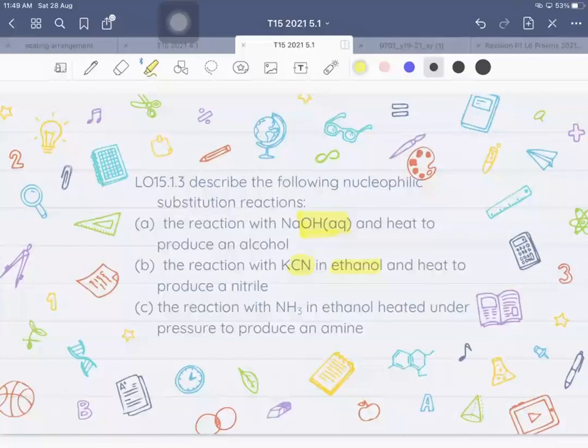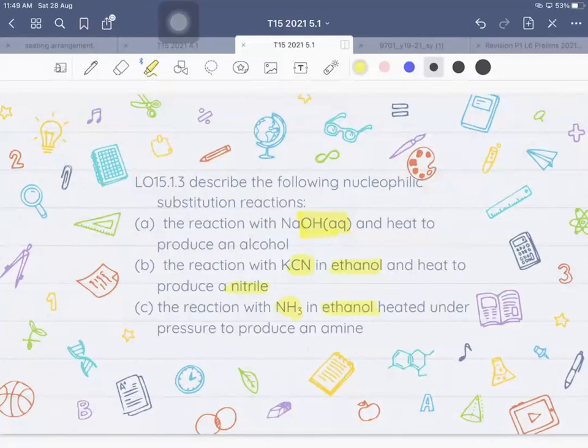The reaction with potassium cyanide in alcohol, or ethanolic cyanide, is to produce a new functional group called the nitrile. The next one is using ammonia. So ethanolic ammonia, we do not use aqueous ammonia. The reason is that if you use aqueous ammonia, then the water molecule in your aqueous form will be the nucleophile. So that's why we want to use ethanol.